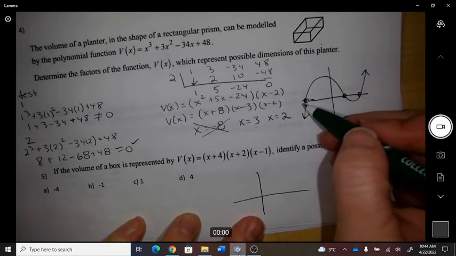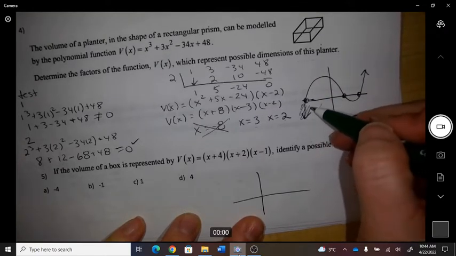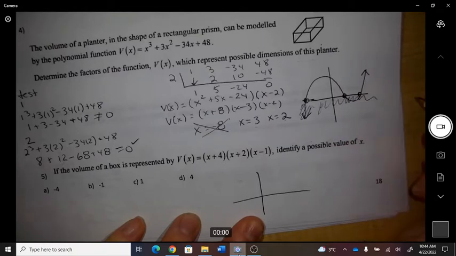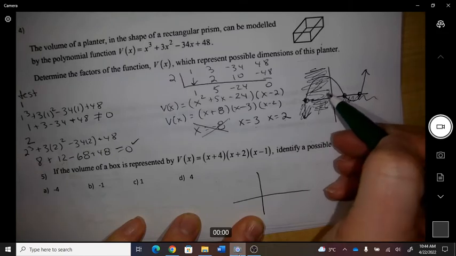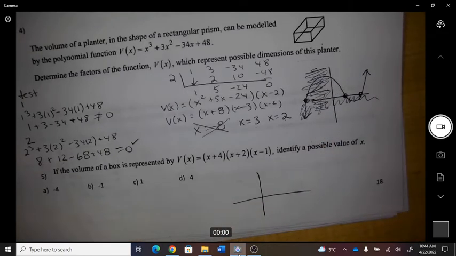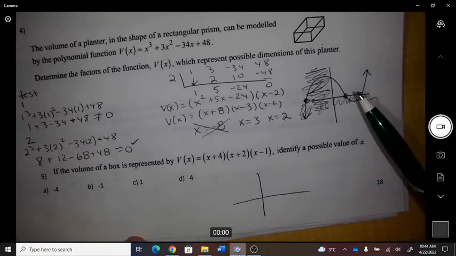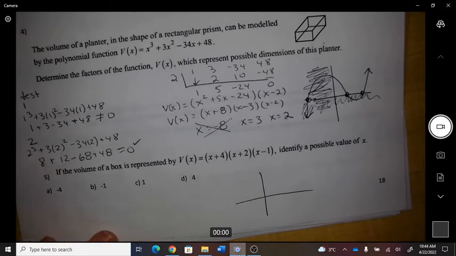So volume can't be negative, and our x length can't be negative. So kind of that's the only understanding that would work. So x could be that zone.